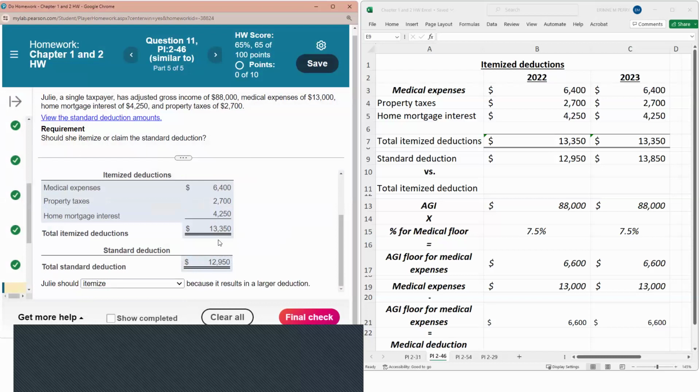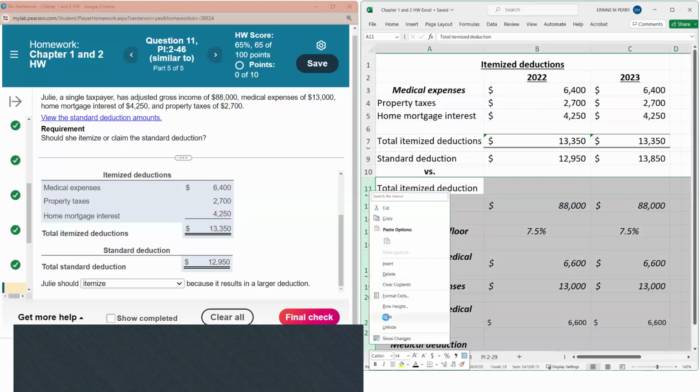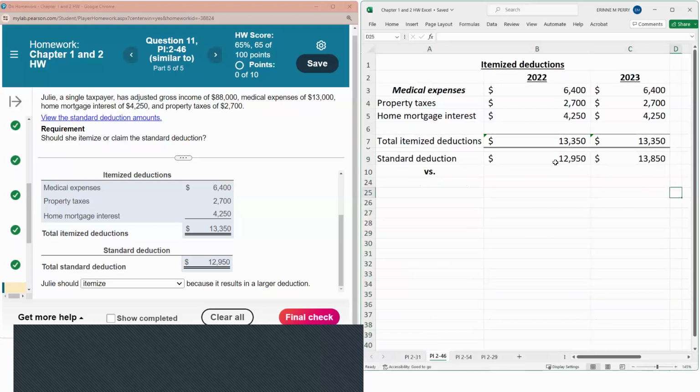Keep in mind, when it comes to the from AGI deductions, you essentially take whichever would provide the lower taxable income. So in this case, it would work better in Julie's favor if $13,350 of her income is not taxable compared to only $12,950 not being taxable. So that is for 2022.